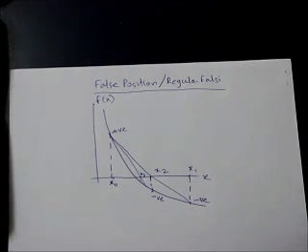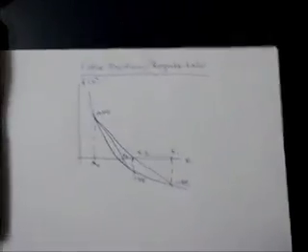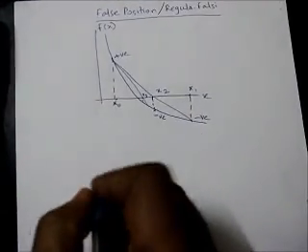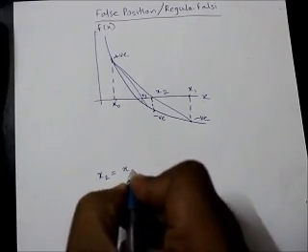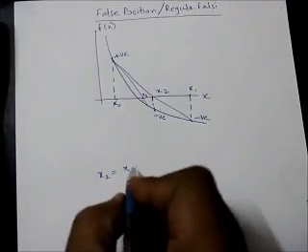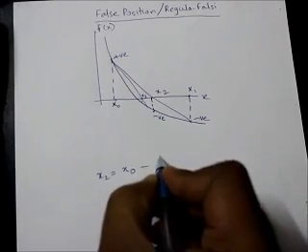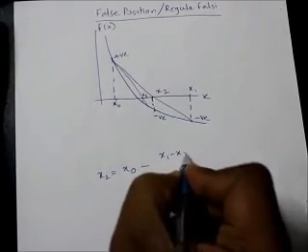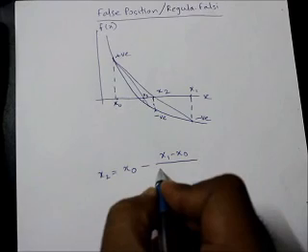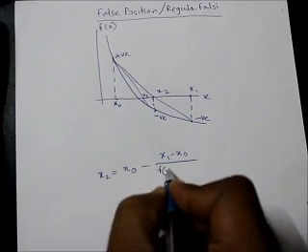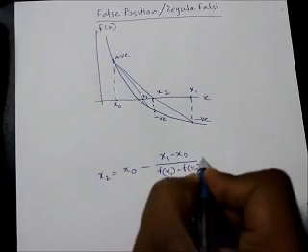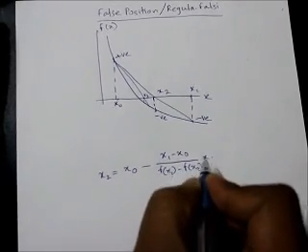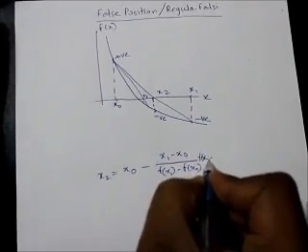Alright, so I'll just give you the formula for this. x2 is equal to x0 minus (x1 minus x0) divided by (fx1 minus fx0) into f of x0.